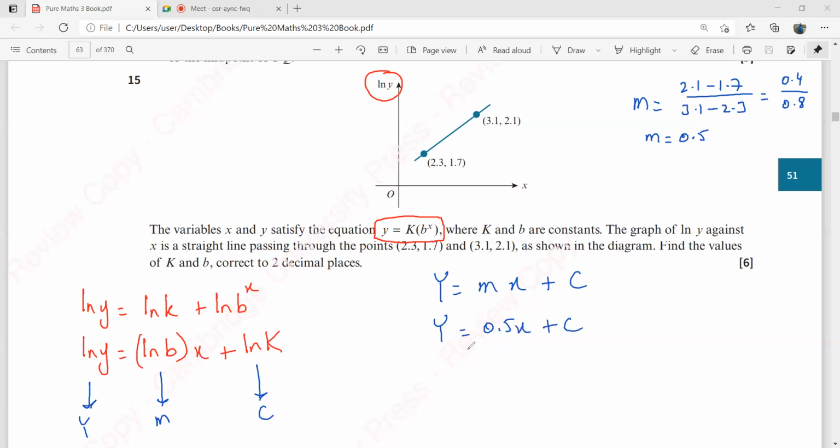So let's find the c now. So let's use this point. This is point P. I'm using point P here. This is 1.7. That is going to be 0.5 into 2.3 plus c. Now tell me, what is the c now?